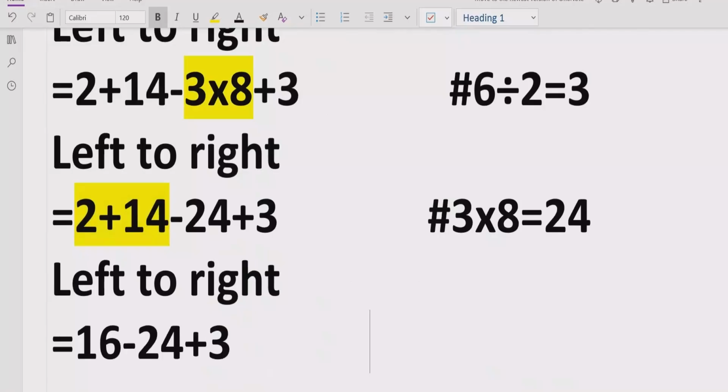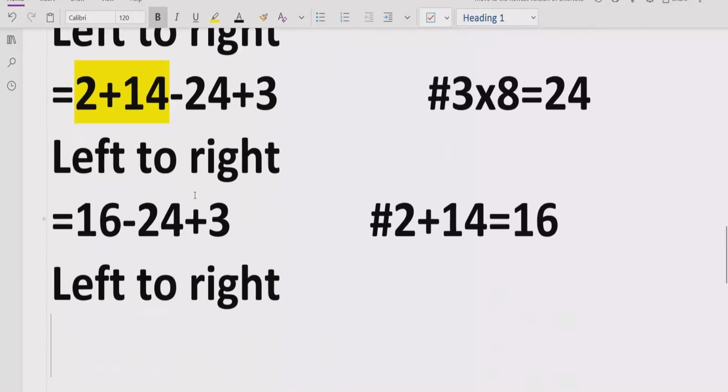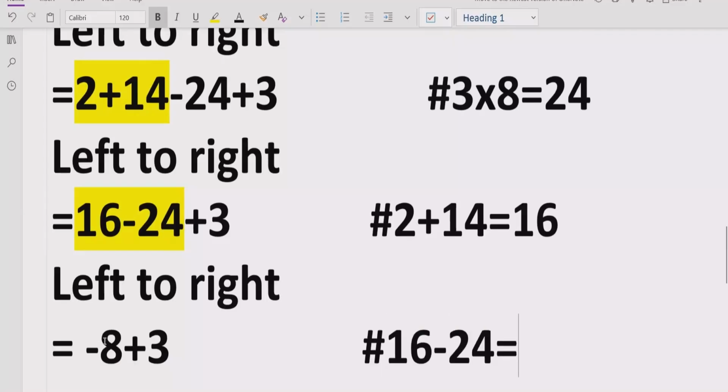And here we have to give the reference 2 plus 14 equals 16. Now this time we have to go left to right, and this time we have this number which is 16 minus 24. So we have to solve this one, and it becomes minus 8 plus 3. Here we have to give the reference 16 minus 24 equals minus 8.